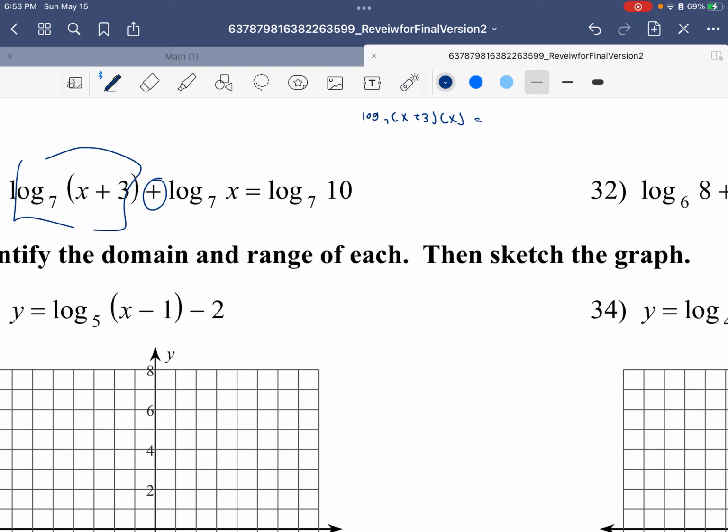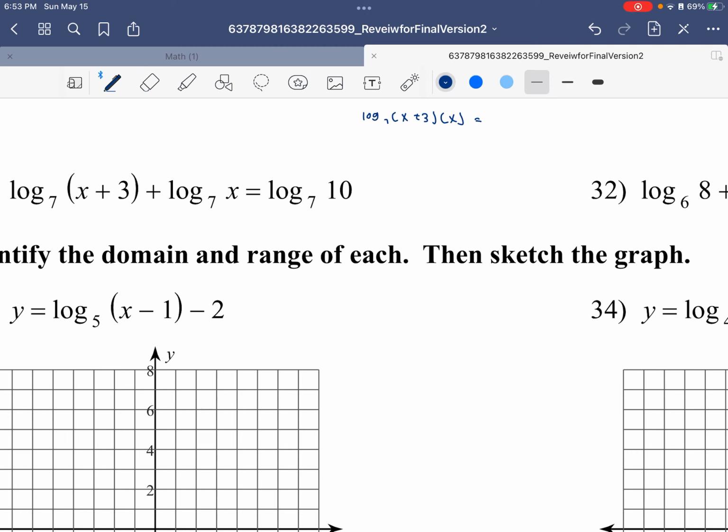So these are the two terms that we're dealing with here, and since the bases are the same, you can write it like this, and then combine. Oh, I said expand earlier, I meant combine, and you combine this term and this term, and since it's being added, it's being multiplied. So that's how I got to here.